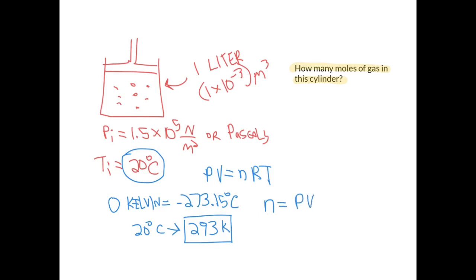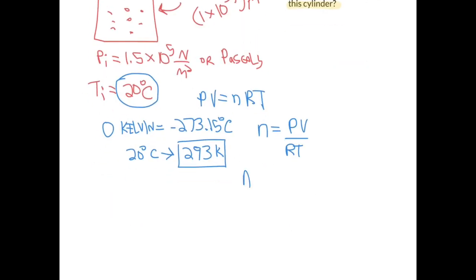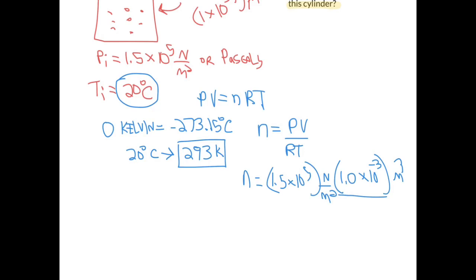So taking PV equals nRT and solving for n, we get n equals PV over RT. At this point, it's just going to be kind of plug and chug. We're going to put in the pressure as 1.5 times 10 to the 5th. We'll use newtons per meter squared here so that the units properly cancel out. The volume is 1.0 times 10 to the negative third meters cubed.